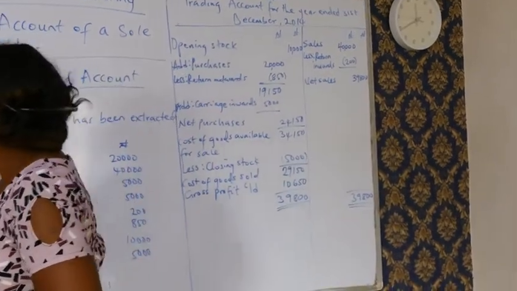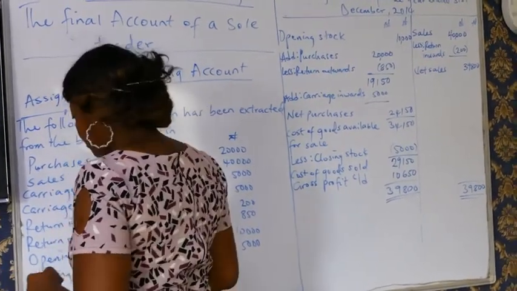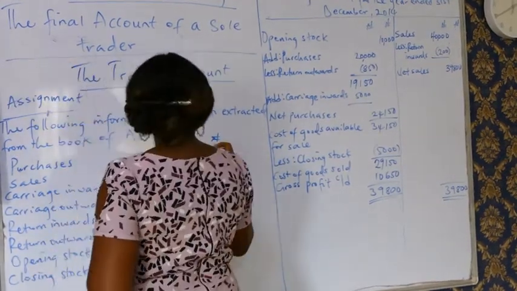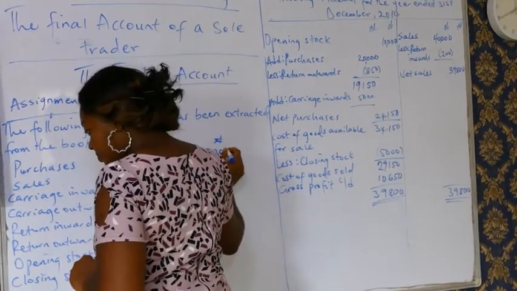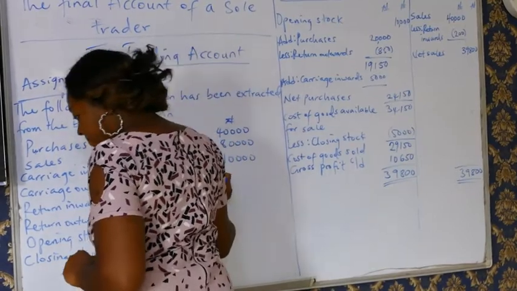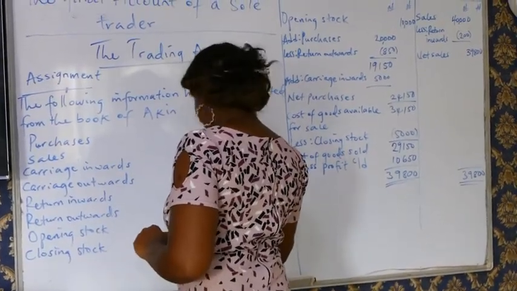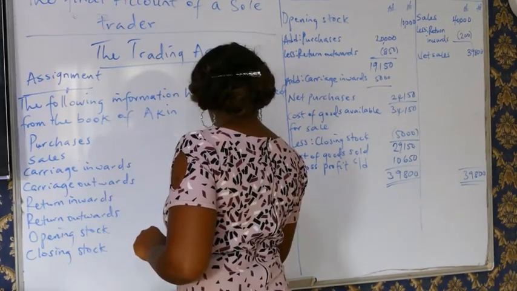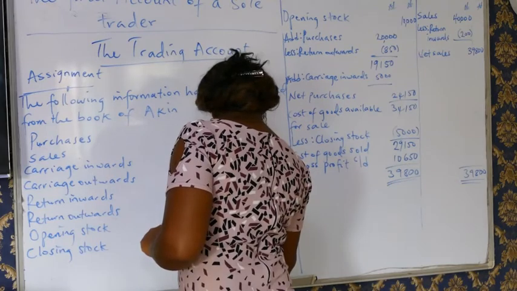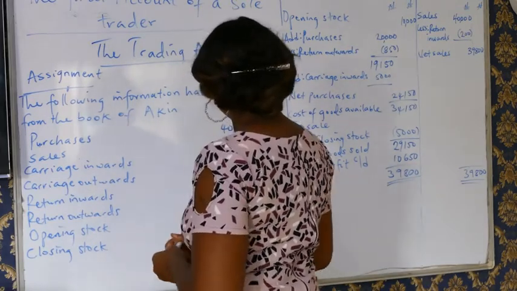The assignment is: purchases 40,000, sales 80,000, carriage inwards 10,000, carriage outwards 10,000, return inwards 400, return outwards 1,700, opening stock 20,000, and closing stock 10,000. Thank you.